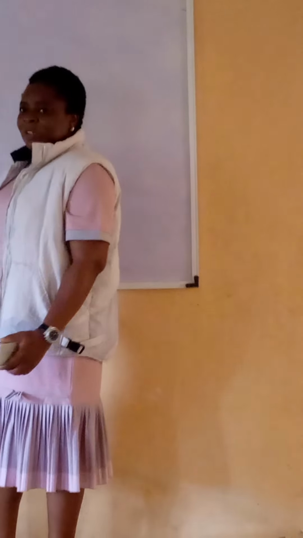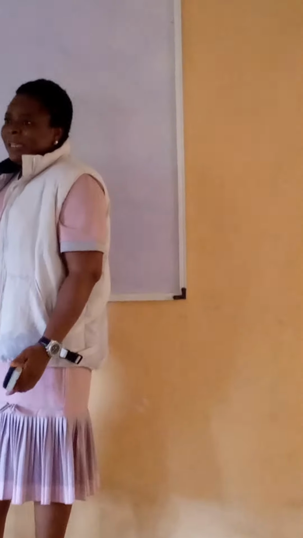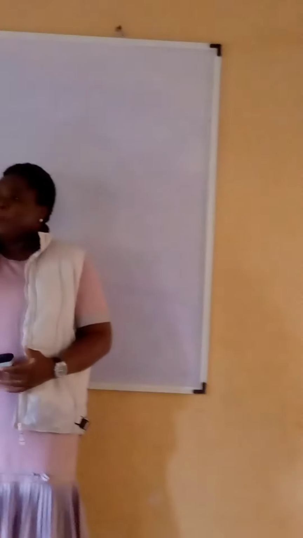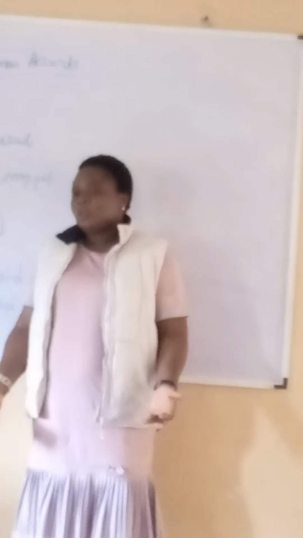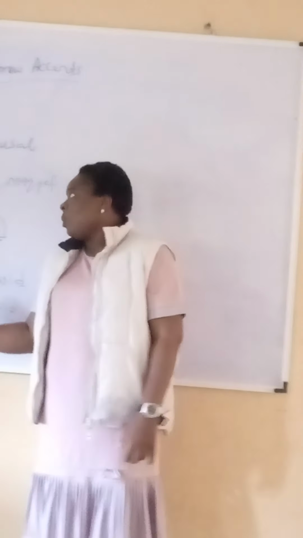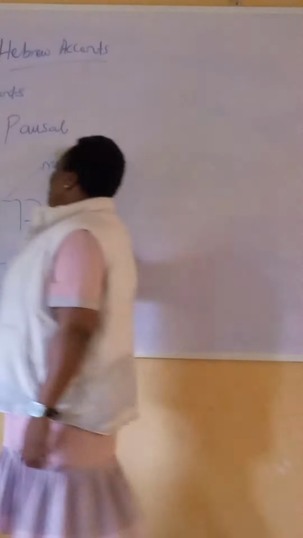If you say king of Israel, Melech Israel, that means the king is depending on Israel. The king is not independent of Israel, but Israel can be independent of the king. Do we get it? That is what we mean by absolute or construct state.